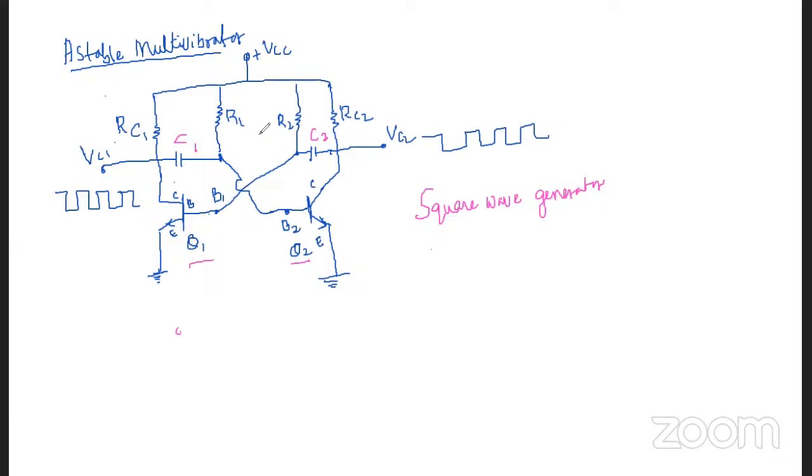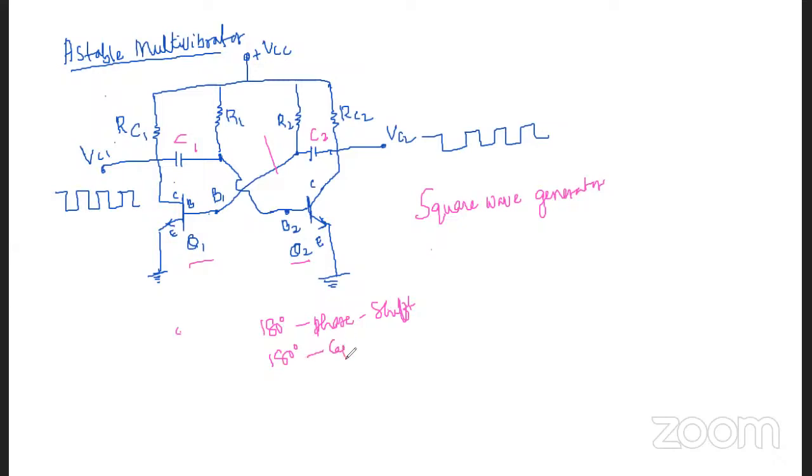The amplifying stage introduces 180 degrees of phase shift, and one more 180 degrees of phase shift is introduced by a capacitor.